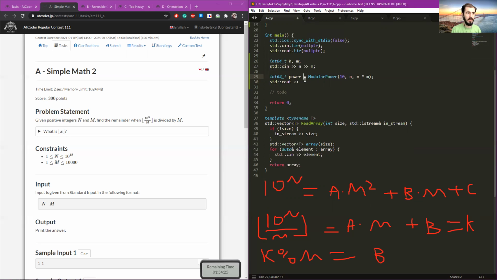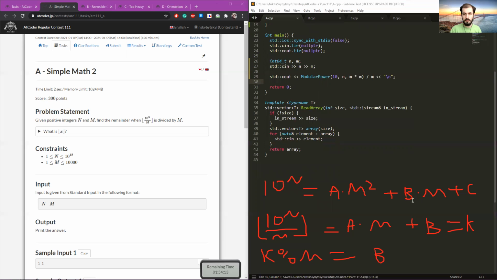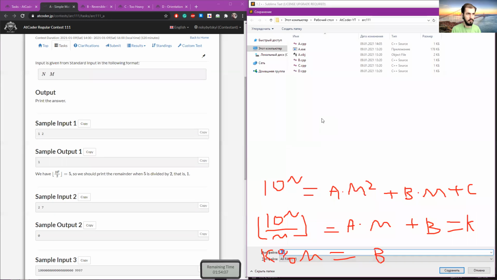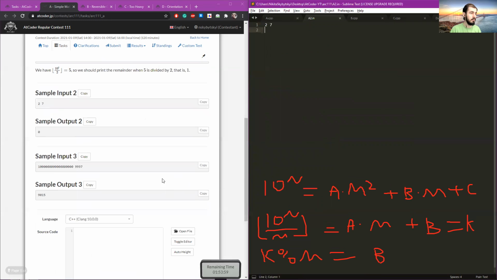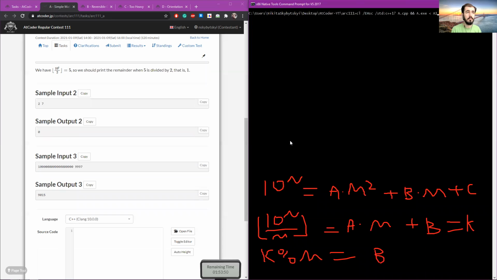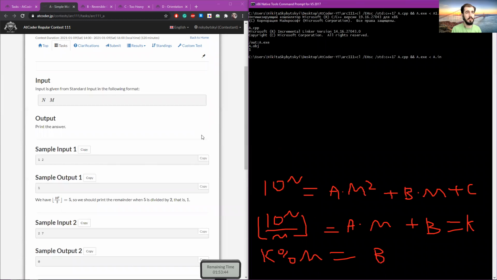So I think we can output something as follows. Is it correct? Yes, it is correct.